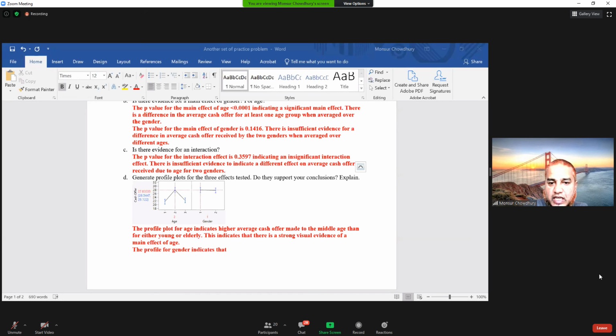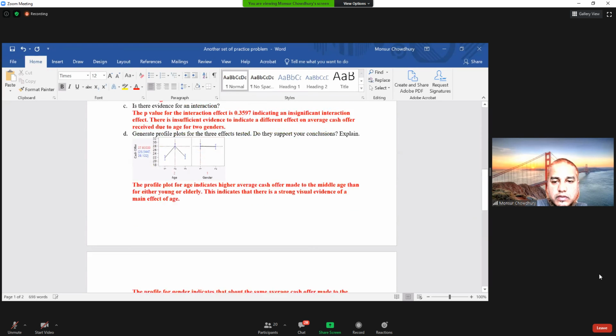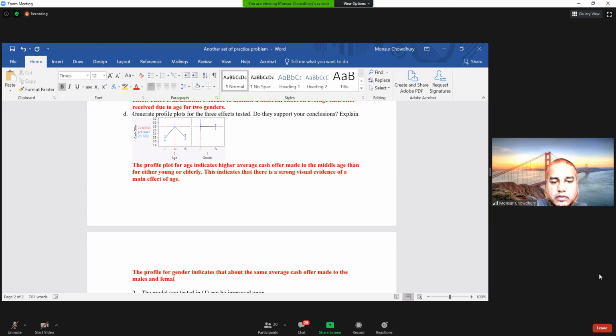So if there is the same average case of R, we can see there is no visual evidence for a main effect of gender.